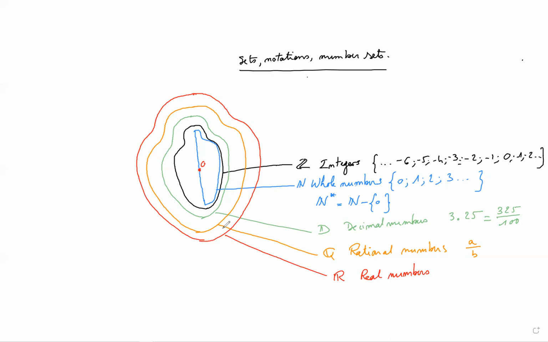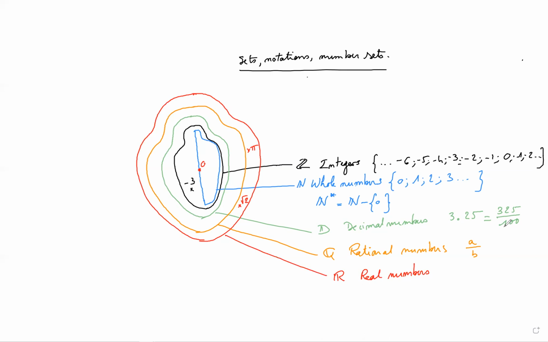You know that the red doll contains the orange and the green and the black one. So I can say that -3 is a real number because it is inside the red one, okay? But some numbers are real numbers, but not rational. They're called irrational numbers, like pi, square root of 2, numbers like that. It has been proved that you can't write them like a fraction like that.